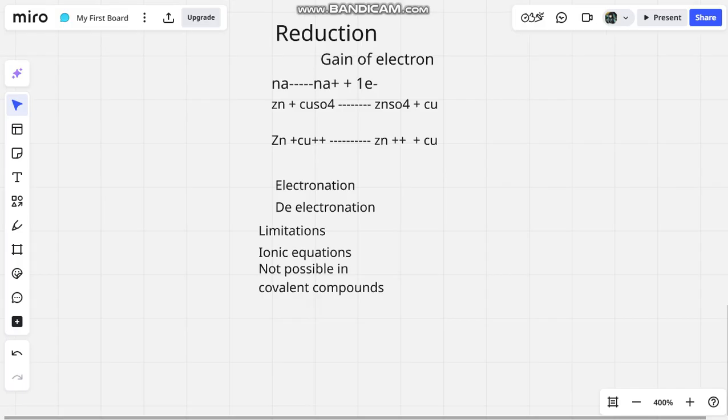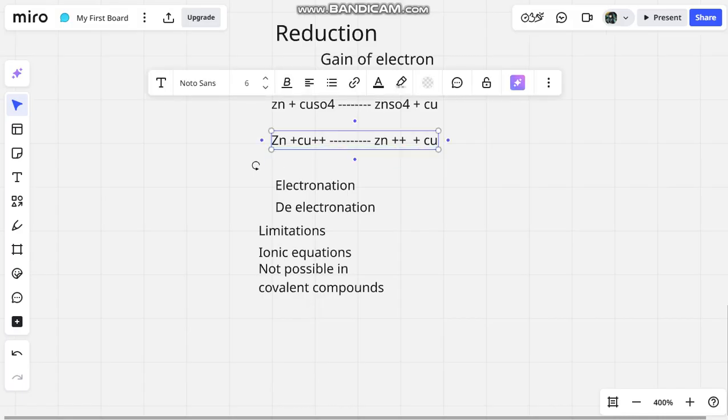Now we can also see the electronation or de-electronation, but before that I'm going to be explaining what is spectator ion. In this case, spectator ion is SO4, right? Now what is spectator ion? Basically they are those ions which are removed from both sides of the equation, right? In this you can see that SO4 is removed from the left hand side, SO4 is removed from the right hand side to get a net ionic equation. What is this?